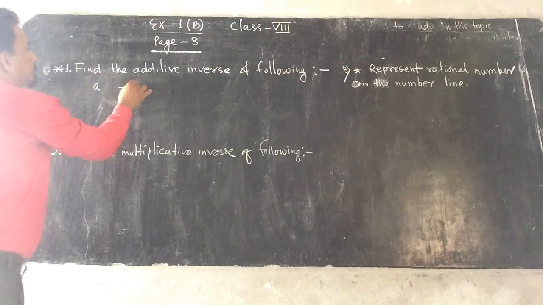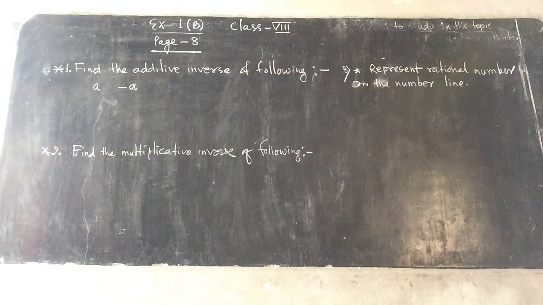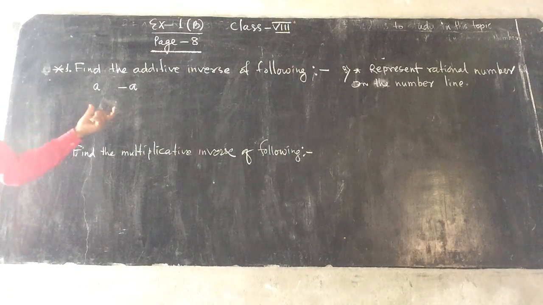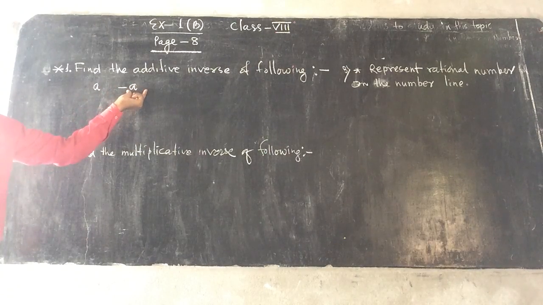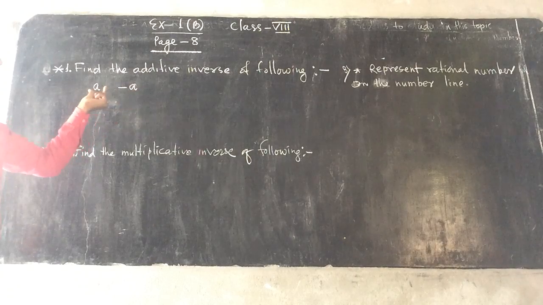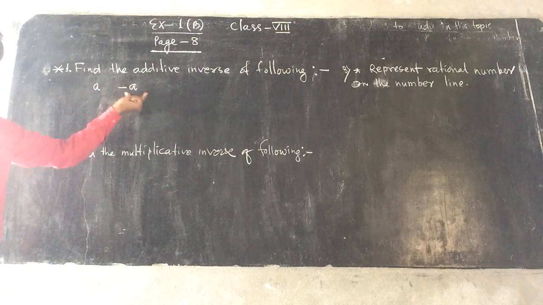It is minus A. Got my point? Additive inverse means the same number with the opposite sign. The additive inverse of A is minus A.